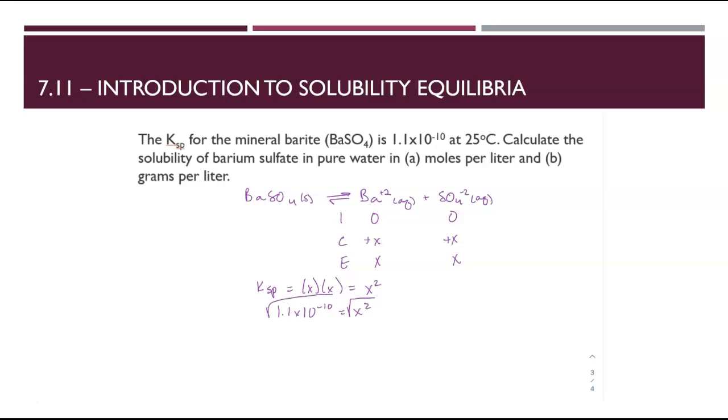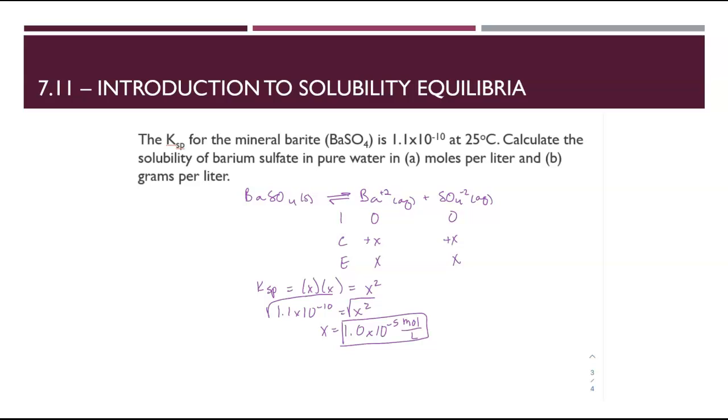To undo the square, you take the square root of both sides, and you get x to be a concentration of 1 times 10 to the negative 5th. Standard KSP concentration units are moles per liter. So that's the answer to A, because our standard concentration units are molarity.